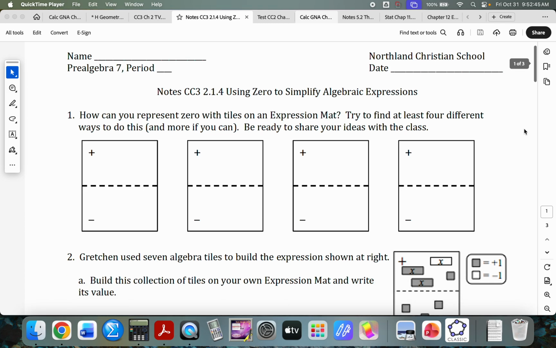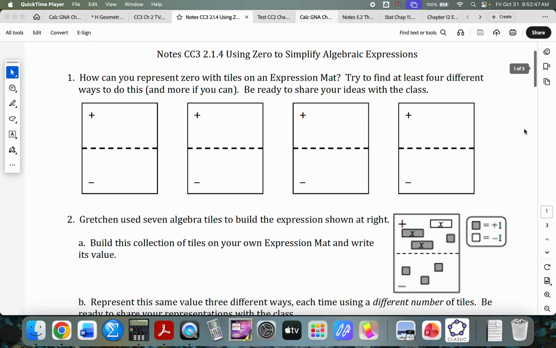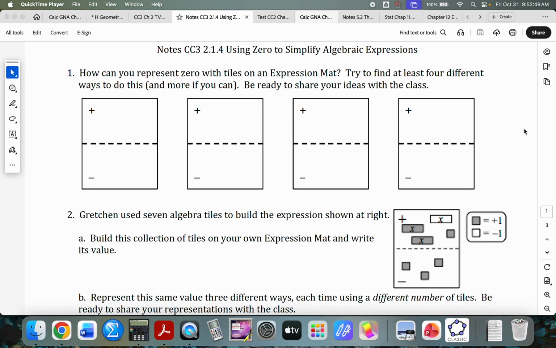Continue looking at using algebra tiles, specifically the idea of using a zero to simplify an algebraic expression. So this first question asks you to represent zero with tiles on an expression mat. It said, find at least 4 different ways to do this, and more if you have the time.